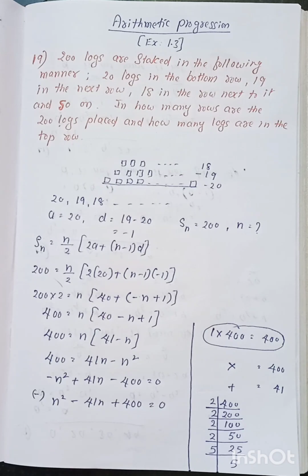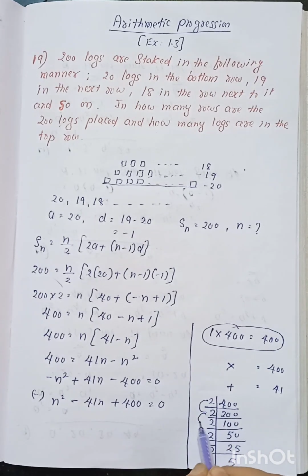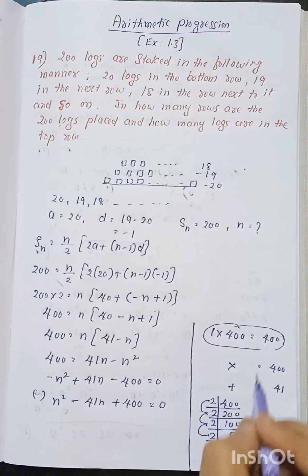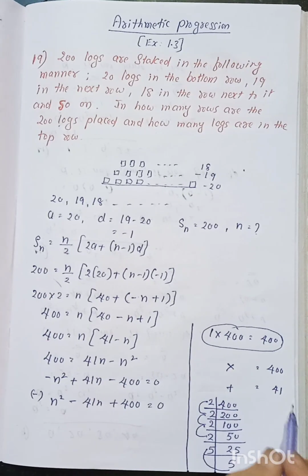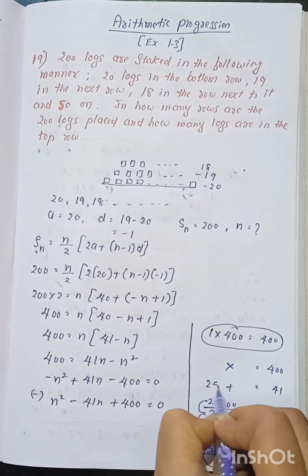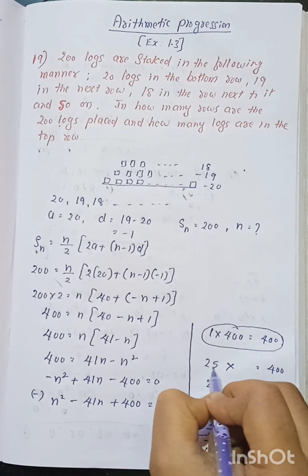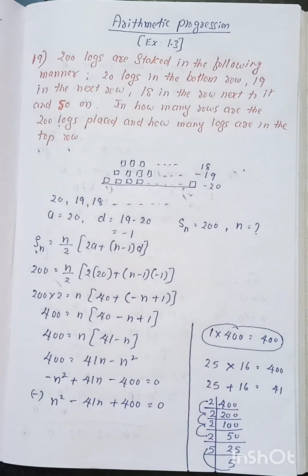You can make any combinations to get such numbers, but here I will make 2 2s are 4, 4 2s are 8, 8 2s are 16. Here 5 5s are 25. It means 25 plus 16 is 41, and 25 into 16 equals 400.